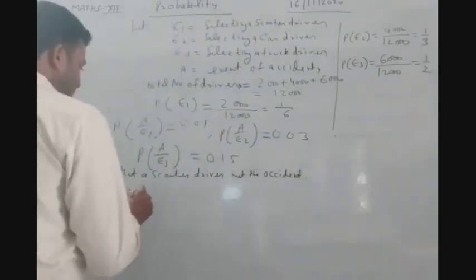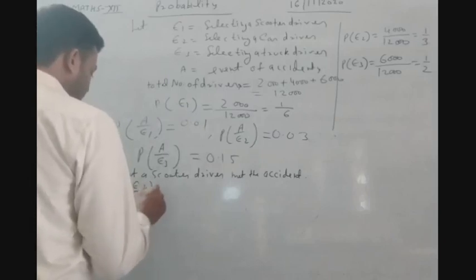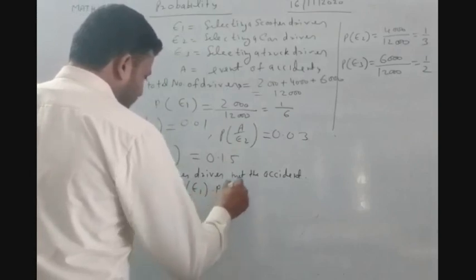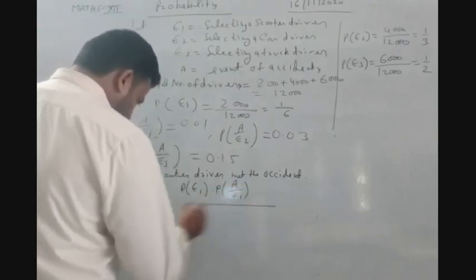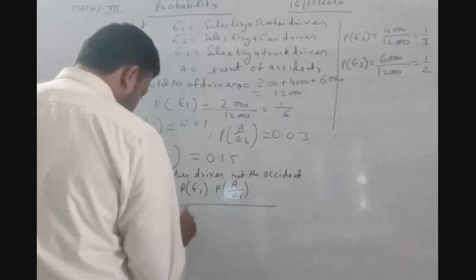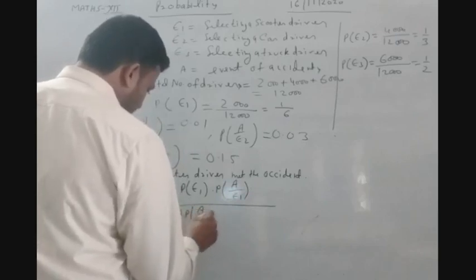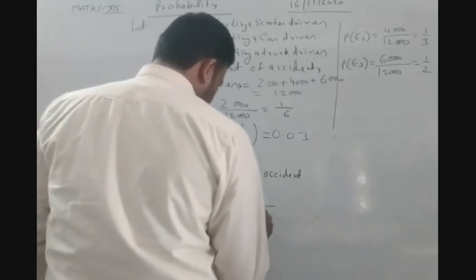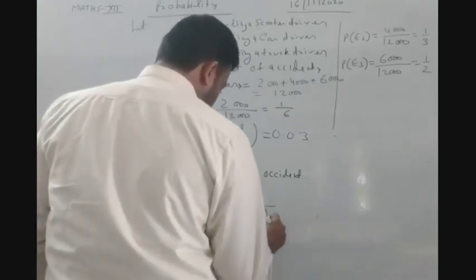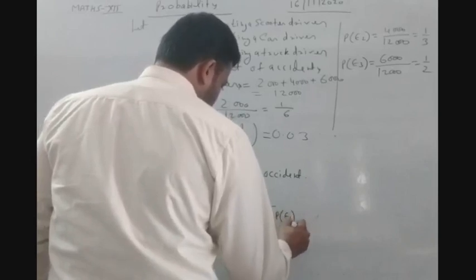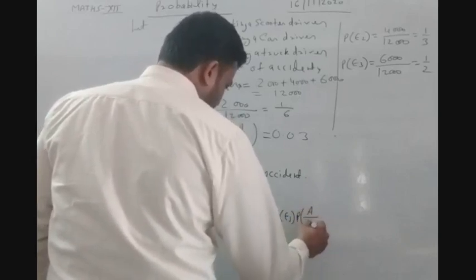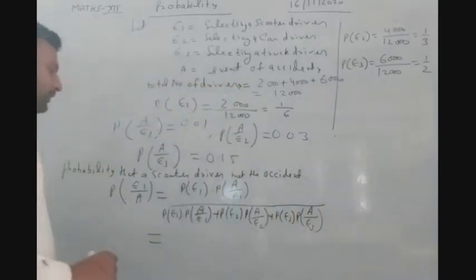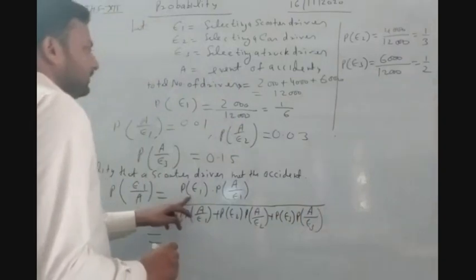Probability of E1 by A. So it will be probability of E1, probability of A by E1, divided by probability of E1, probability of A by E1 plus probability of E2, probability of A by E2 plus probability of E3, probability of A by E3.